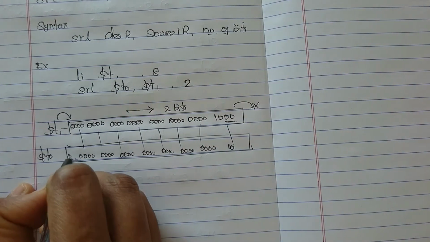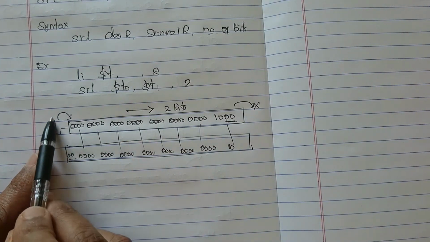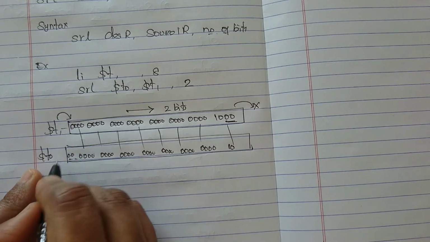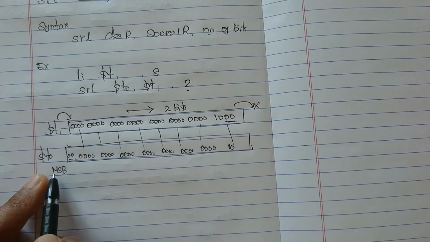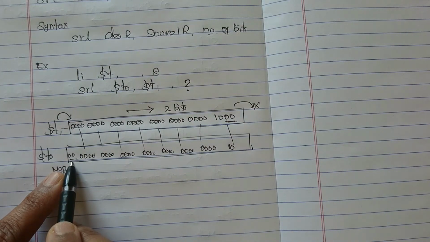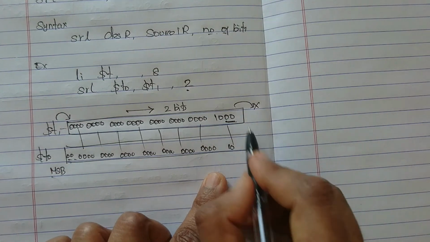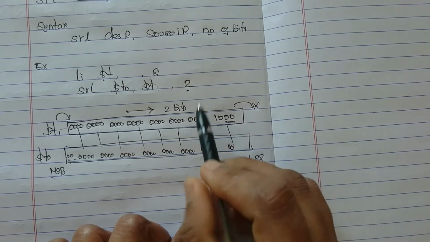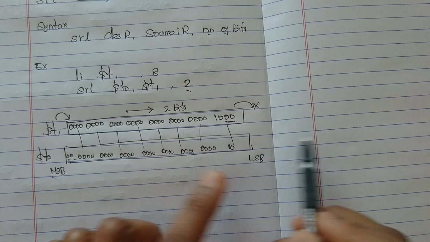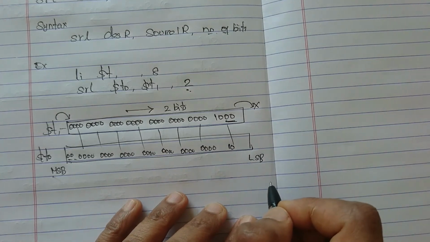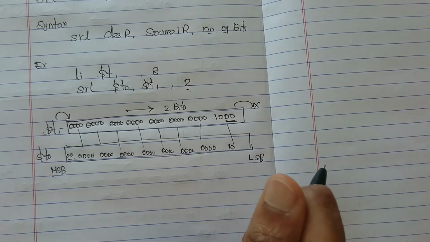Let's fill the new places with 0 0. You have 2 new zeros in the most significant bits because you are shifting by 2 bits. And in the least significant bits, you are shifting by 2, so 2 bits will be gone, I mean removed, deleted. So this is about the shift operations.